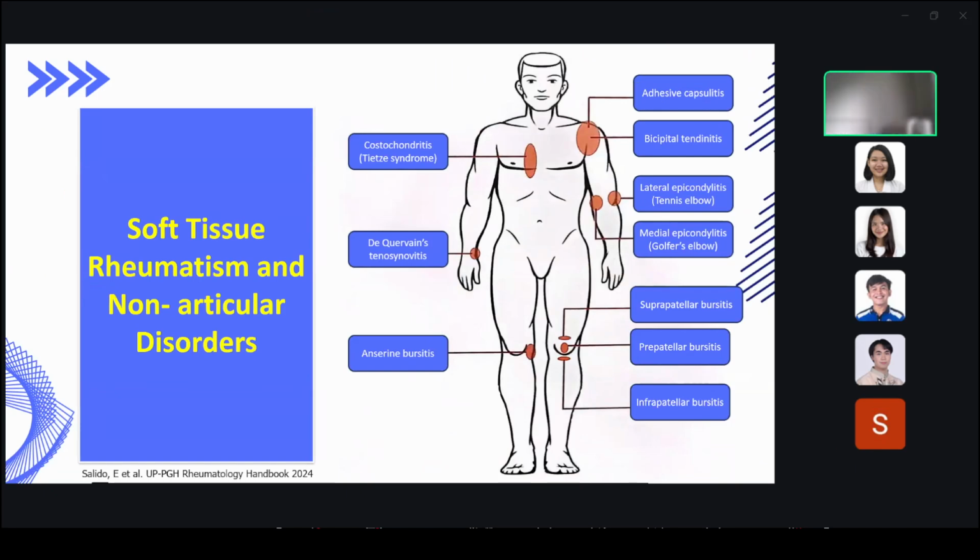Okay, do you have your diagnosis already?